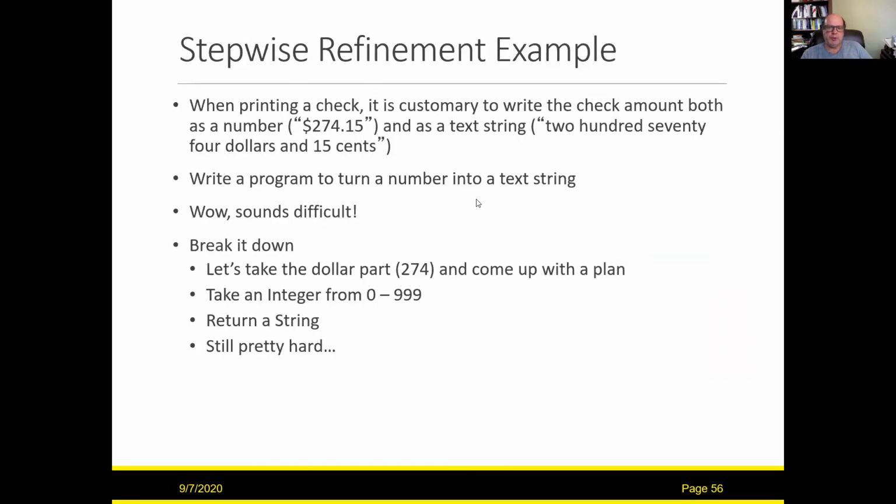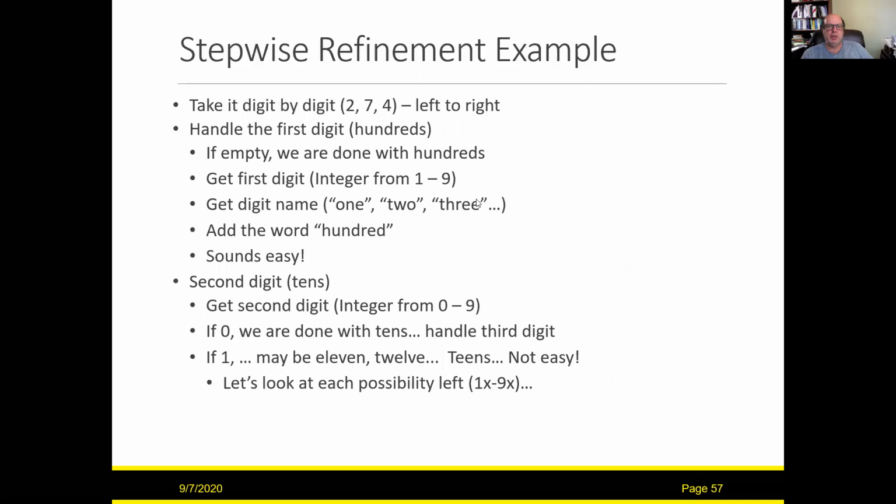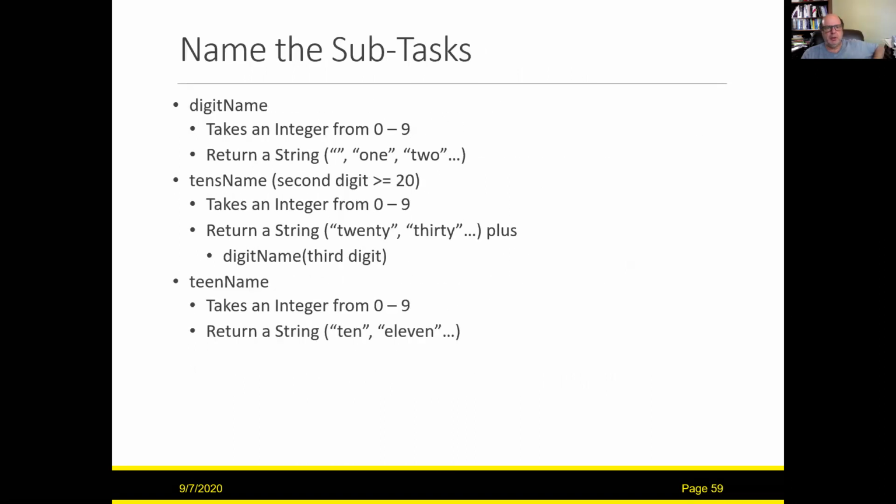So I want you to go over this for yourself. Take a look at the stepwise refinement. This is another example that is a good one to practice on. We're going to be writing the numbers in English.